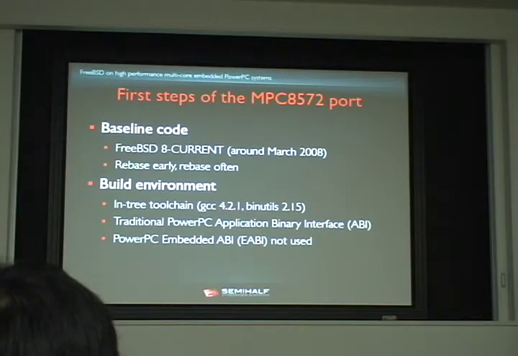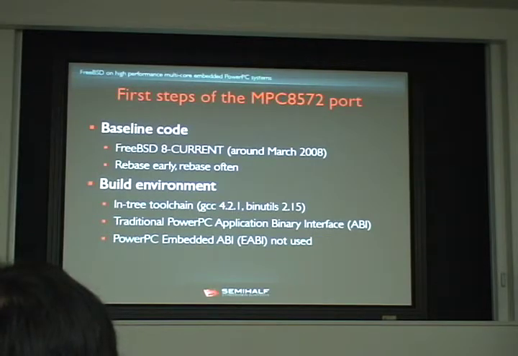The environment was just the in-tree toolchain, nothing special. We used what was available. The toolchain, in particular GCC and binutils, was already able to produce proper machine code for E500 processors, so there wasn't any real work in this regard. We are using the traditional PowerPC ABI.